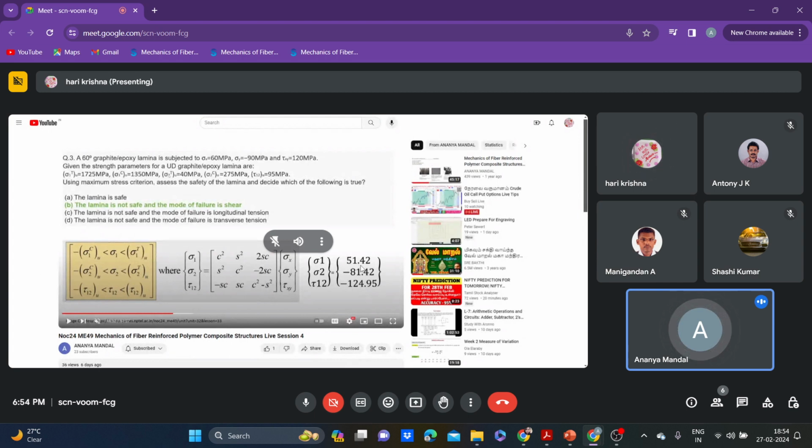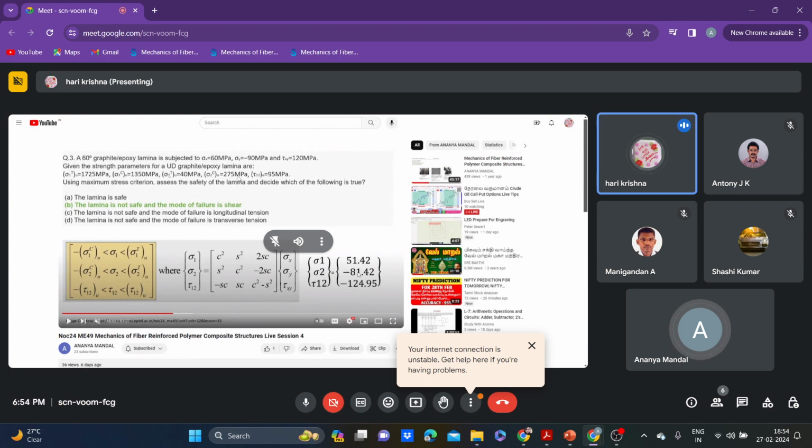Like here on the screen, you can see the ultimate compressive strength in transverse. It is 275, so minus 275 to positive 40. It was lying between that.